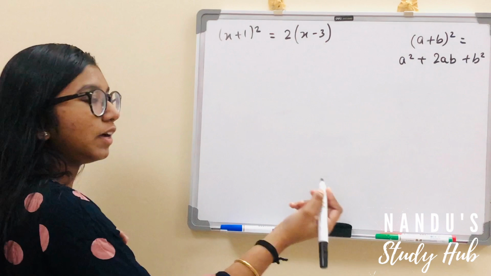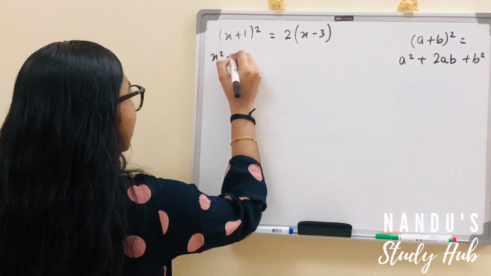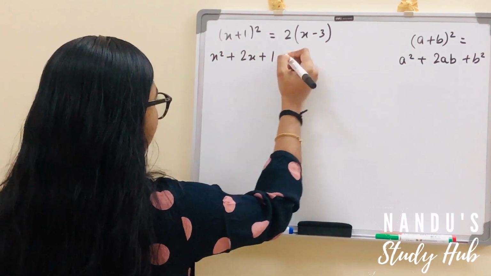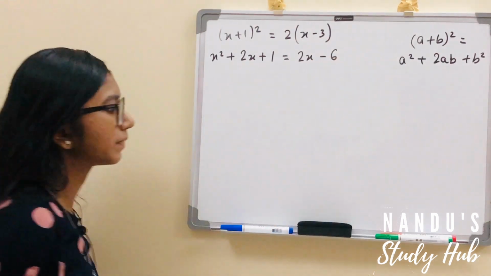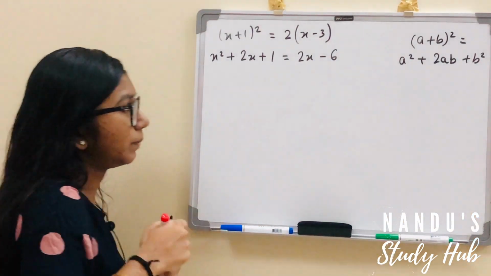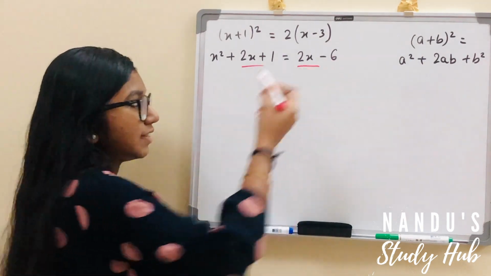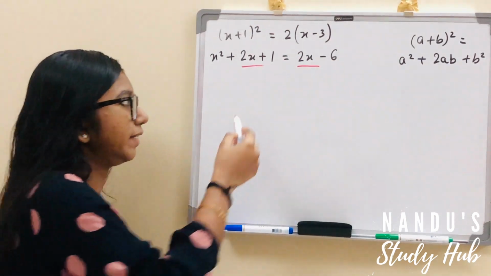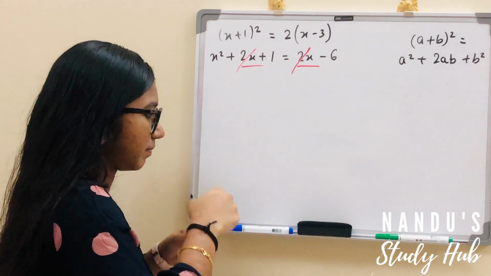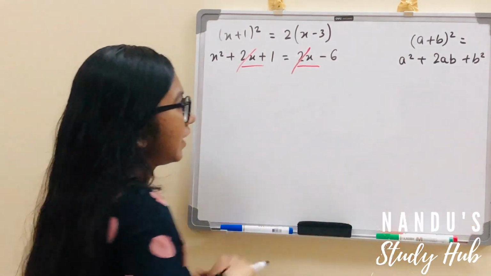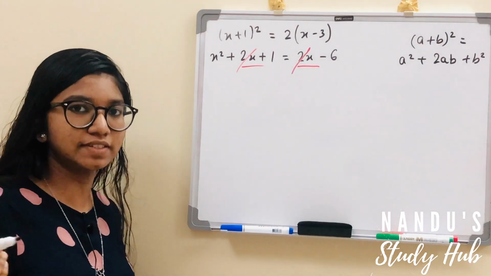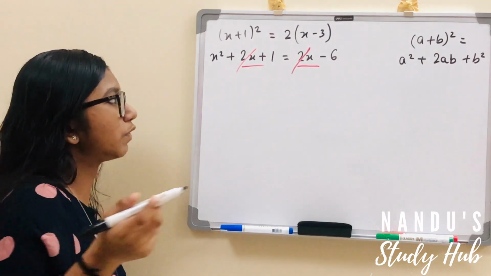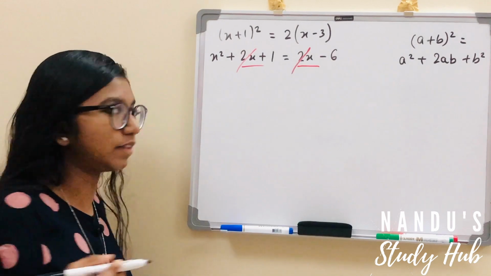So x plus 1 the whole square will be x square plus 2x plus 1 equals 2 into x, 2x minus 6. Now we have 2x on both the sides, so you can cancel it off right here. Because if I bring this 2x to the other side, it becomes minus 2x, and anyways it will get cancelled off, so you can cut it off here itself.